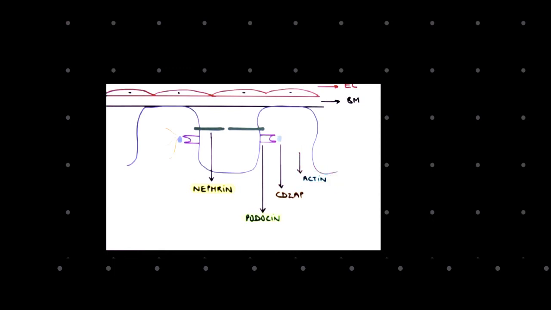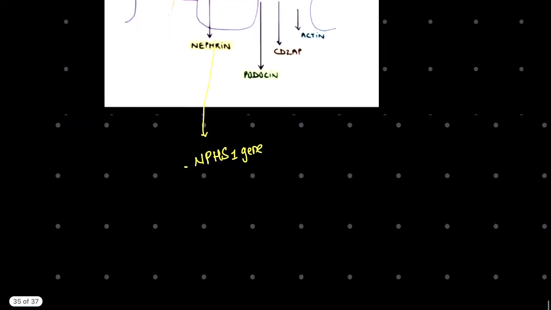Now, this nephrin and podocin, we need to know a bit of detail about them. What is nephrin? Nephrin is produced because of the activity of the NPHS1 gene, right?